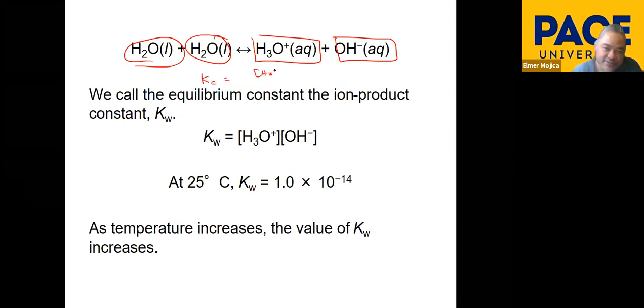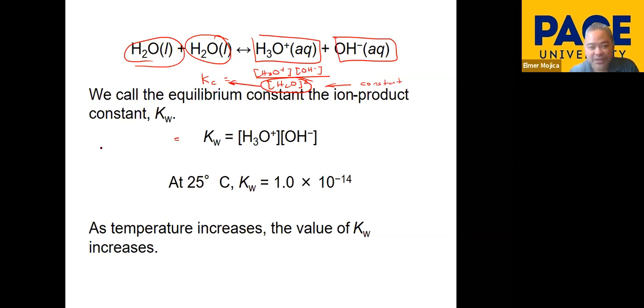But what can we say about the water? What do we say about liquids or solids in the equilibrium expression? They are constant. So you incorporate that with the Kc.